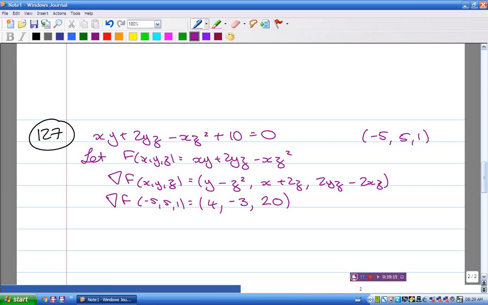As far as x is concerned, that's just a funny looking constant. Okay, now the y derivative, it'll be x plus 2z. Yes, and the xz squared doesn't contribute. And then the z derivative, now it's the turn of the first term to not contribute, and it's 2y minus 2xz. Just 2y. You're right, it's just 2y.